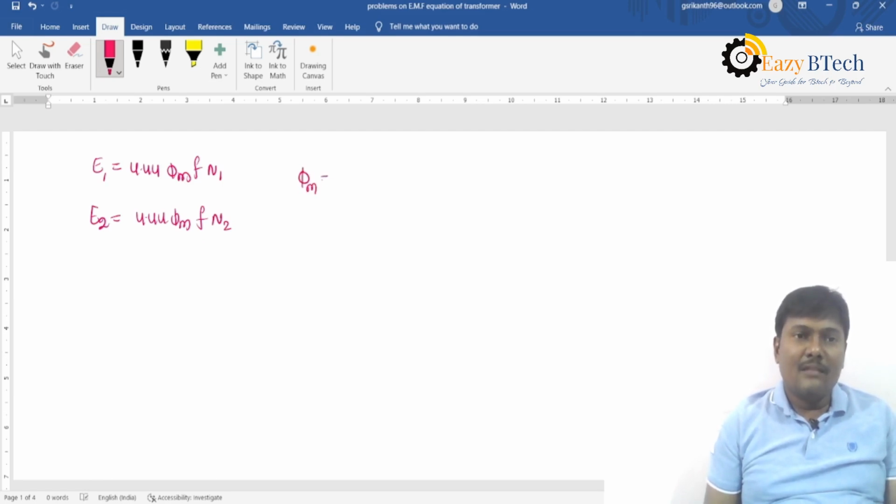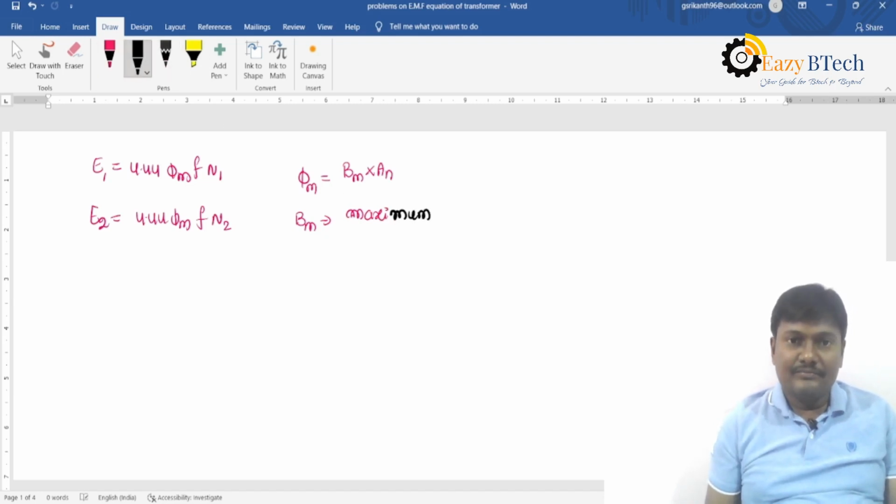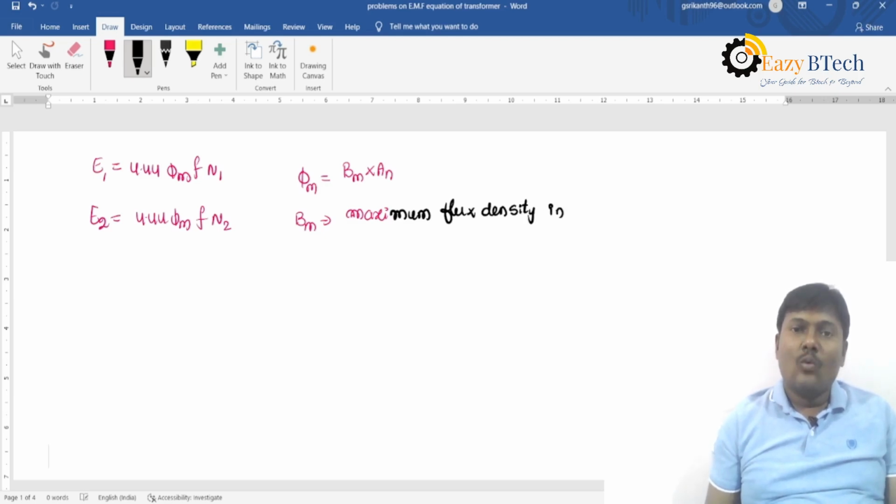The Φm, the maximum value of flux, can be written as Bmax into AN, where Bmax is the maximum flux density in Weber per meter square.